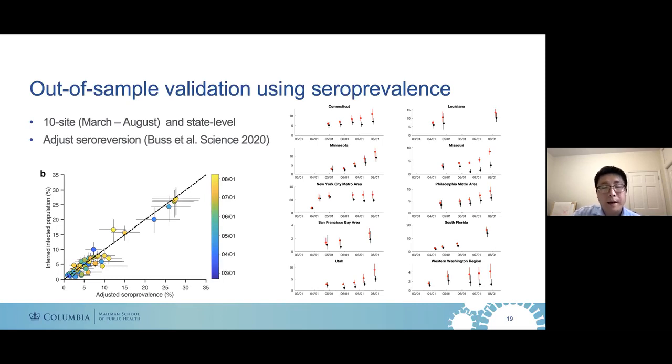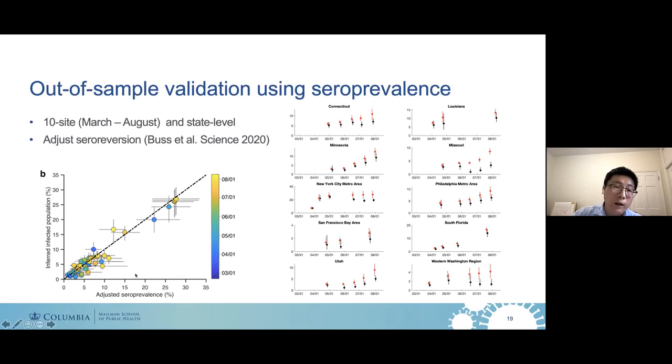So we adapt a method that was previously used to adjust antibody waning in Manaus, Brazil, to adjust this antibody waning in the US data. And in this figure on the right side, we compare the directly observed seroprevalence data, the black dots here, with the adjusted seroprevalence data shown by the red dots here.